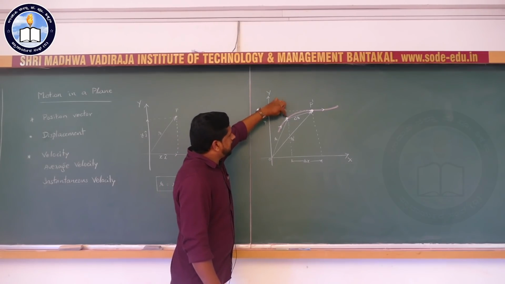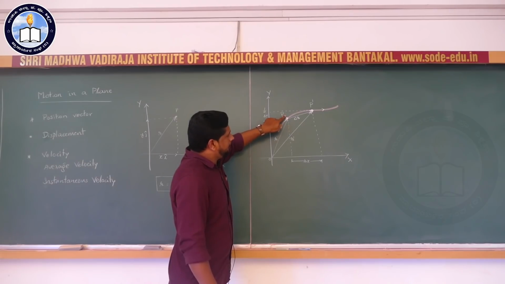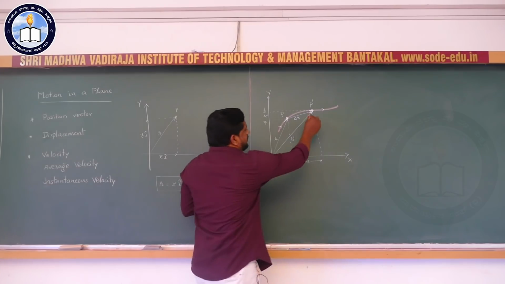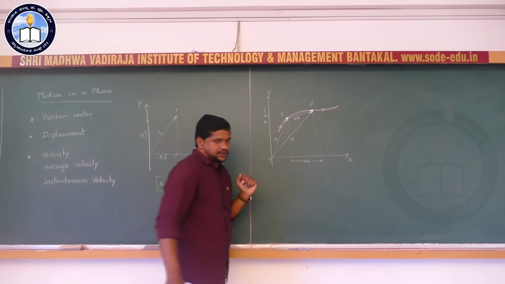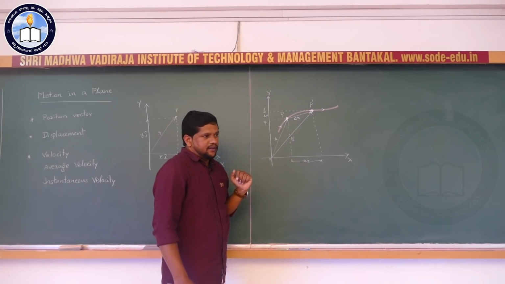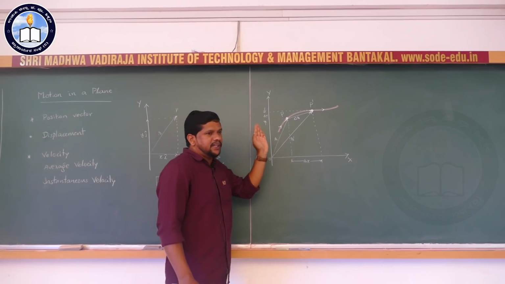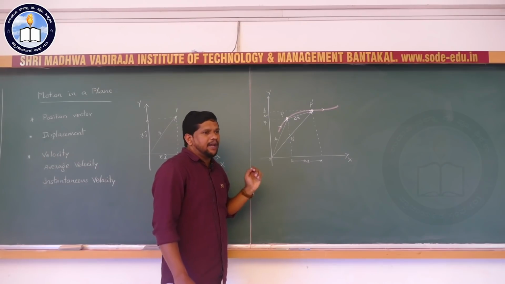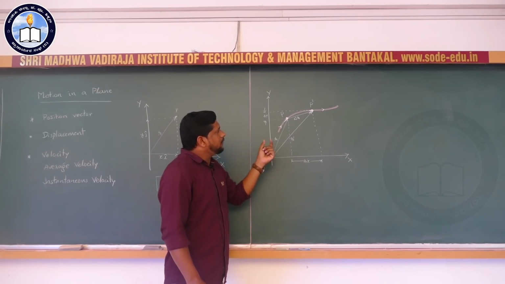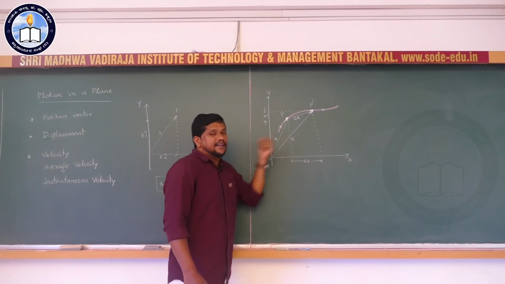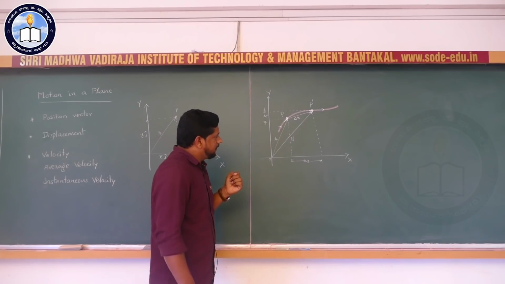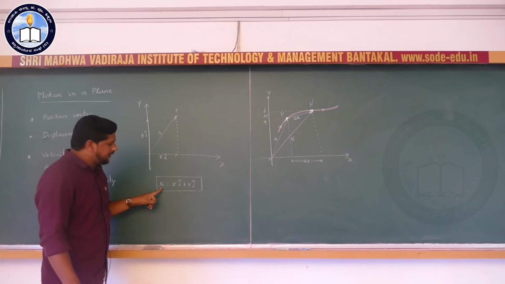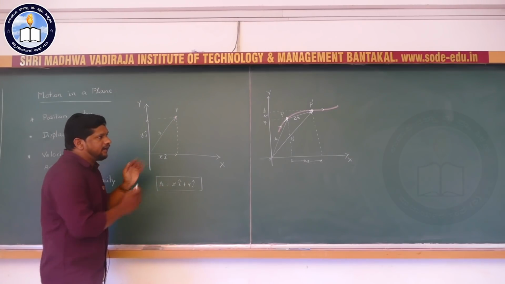At the initial instant of time, the particle is at P. After a time interval of t seconds, let it reach P dash. Now it has changed its position from P to P dash. Our aim is to define its displacement. We know the position vector represents the position of the particle by its coordinates.